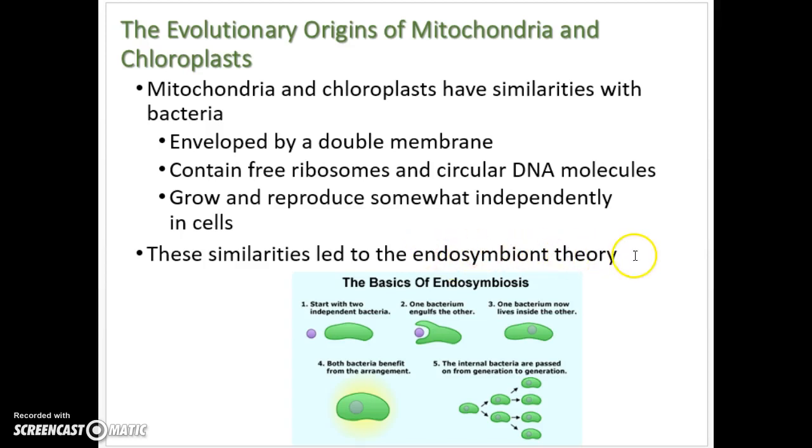So that's where we get the word for this theory. And then over time, the internal bacteria that became the mitochondria or the chloroplasts was passed down from generation to generation of the succeeding generations because it was a favorable adaptation.